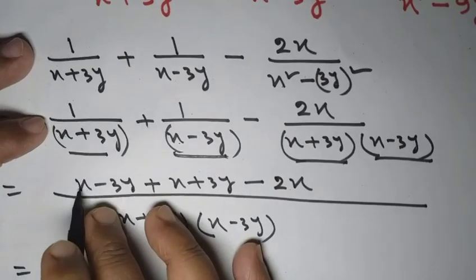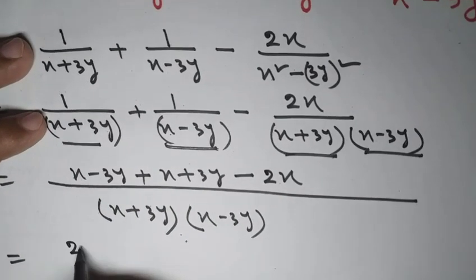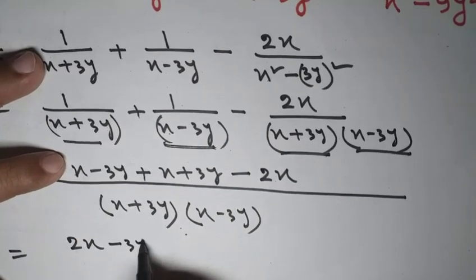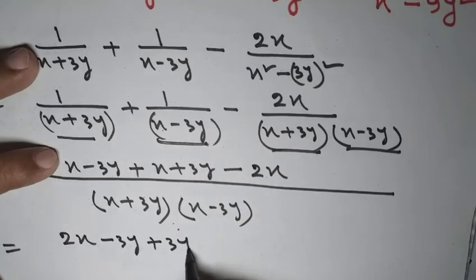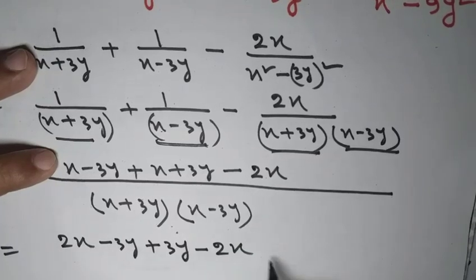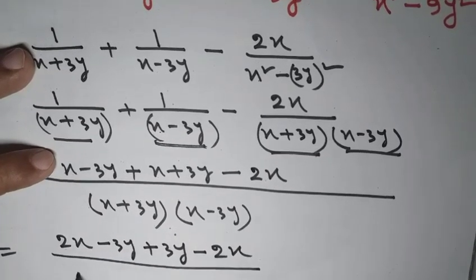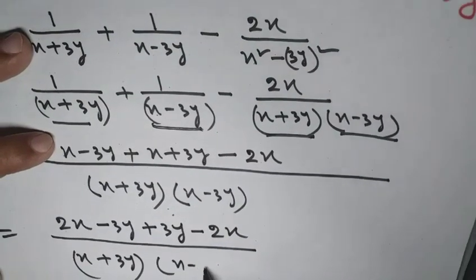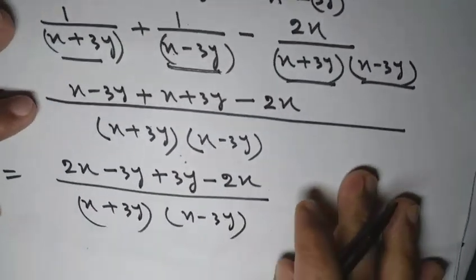Now we add it, x plus x, 2x minus 3y plus 3y minus 2x. Now x plus 3y, x minus 3y.